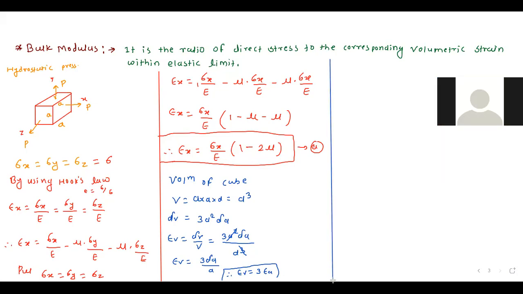Madam, does this cancel? In the numerator A square is there and in the denominator A cube is there. So 2 times A gets cancelled, and 1 A is remaining.